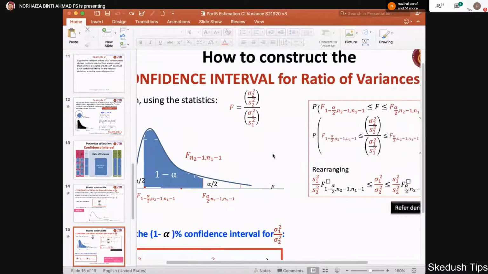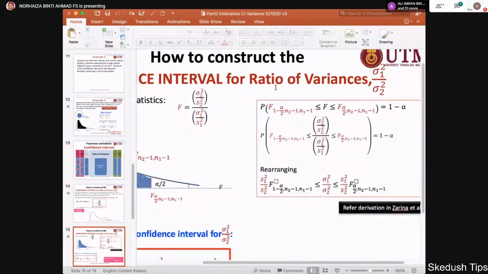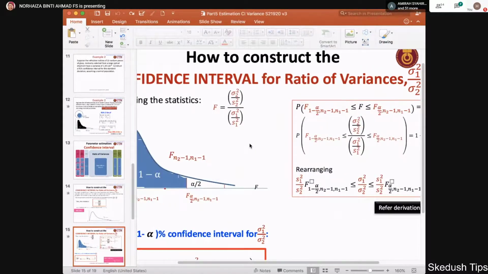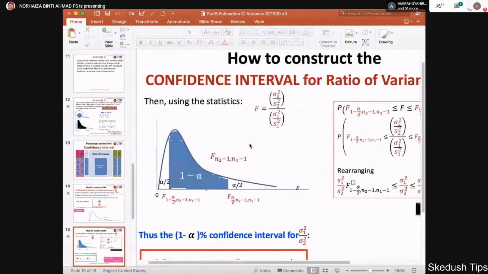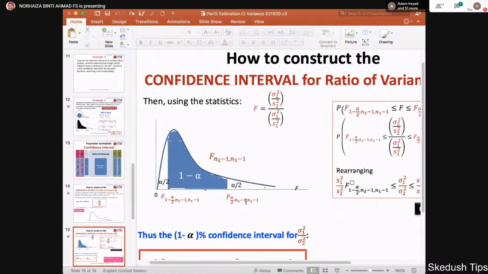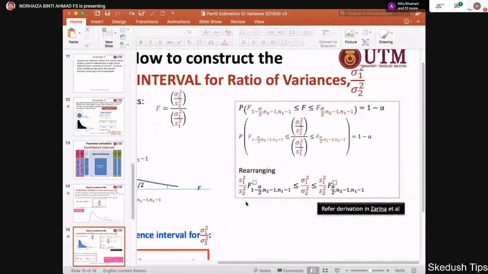But you know that when you do the ratio of variances, the best point estimate for sigma 1 squared over sigma 2 squared is still S1 squared over S2 squared. But for the purpose of constructing my confidence interval, I'm going to use the reverse statistic.